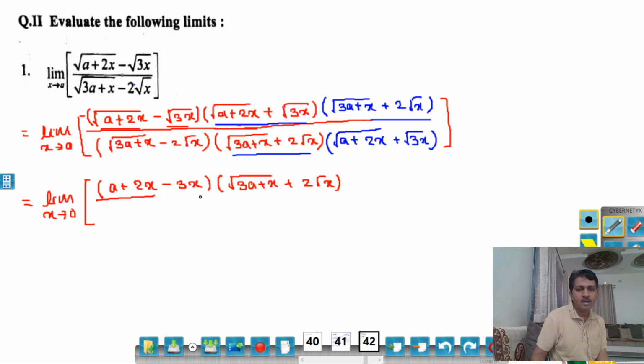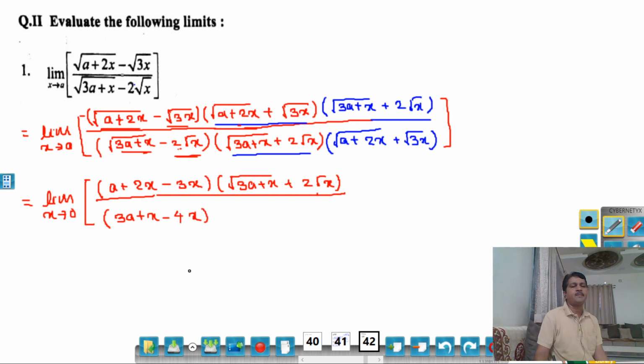In the denominator also, take the product of first two brackets using the same formula a minus b into a plus b. It is the square of first, minus the square of second. The square of 3a plus x, and the square of 2 root x is 4x. Using a minus b into a plus b, which is a square minus b square.